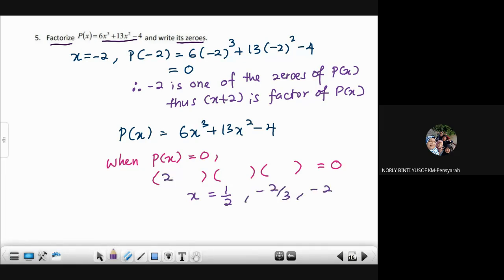So terbalikkan 2x tolak 1, 3x tambah 2, x plus 2. Lepas tu 0. Px is half, negative 2 over 3 and negative 2.